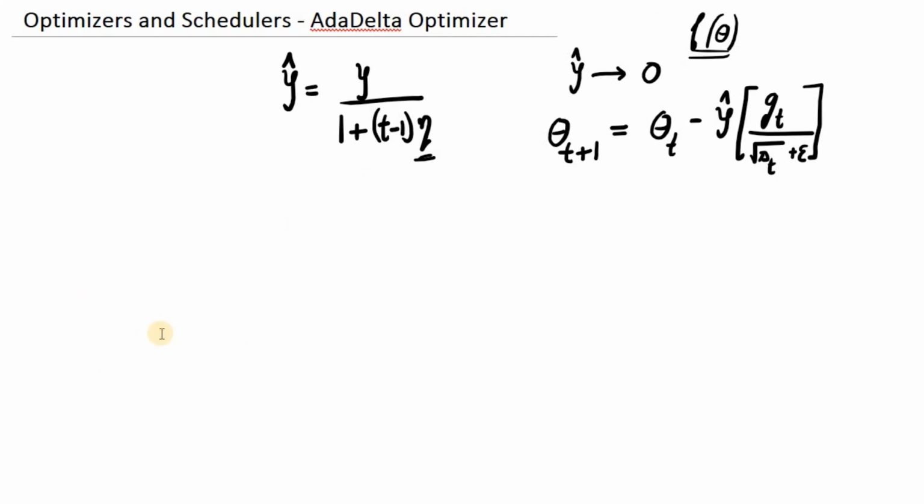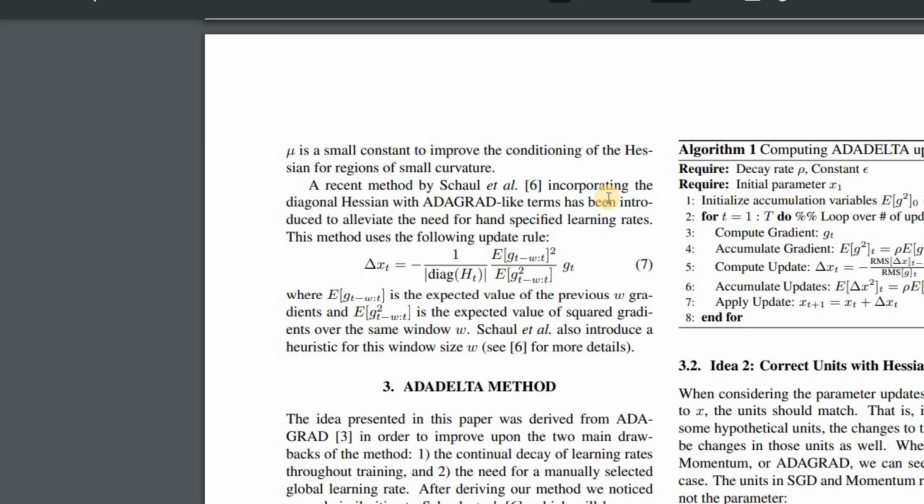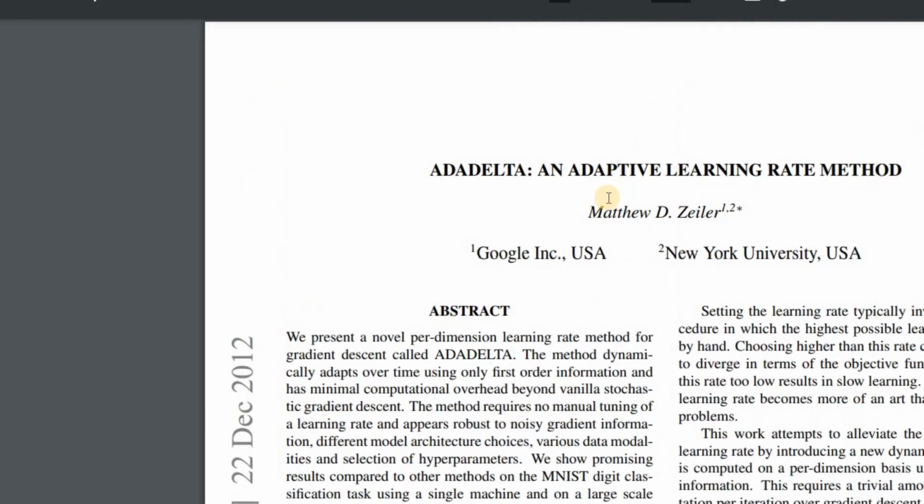So the algorithm which we will be studying today, the AdaDelta algorithm, overcomes all these drawbacks, and we will be following the paper 'AdaDelta: An Adaptive Learning Rate Method'. I will be providing the link to this paper in the description.